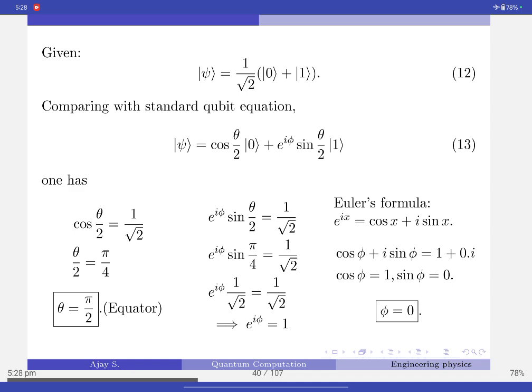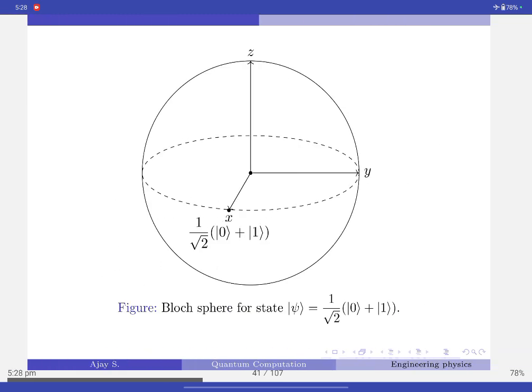So by comparison, cos phi is equal to 1 and sin phi is equal to 0, both of which imply that phi has to be equal to 0. So theta is equal to pi by 2 and phi is equal to 0. So plotting this, we have the position of the state 1 by root 2 ket 0 plus ket 1 situated there towards you near in the equator.